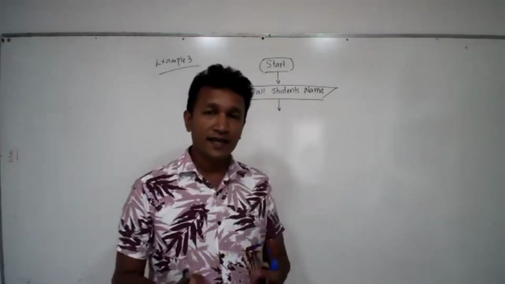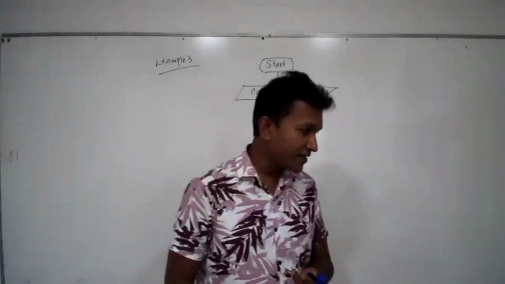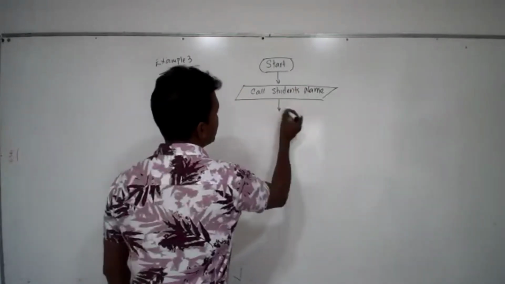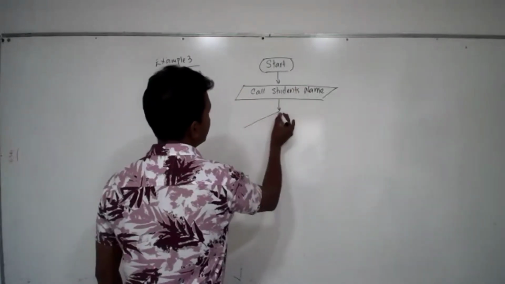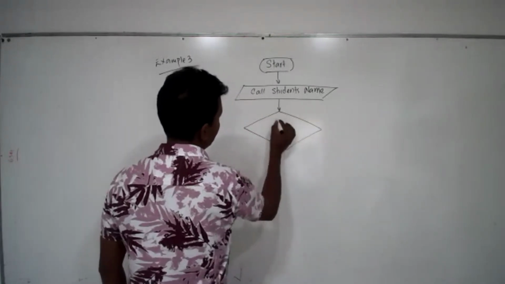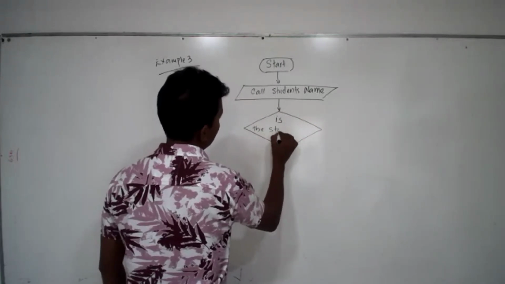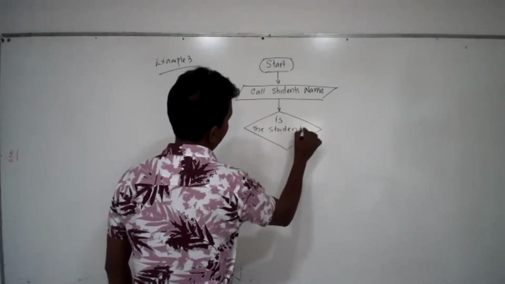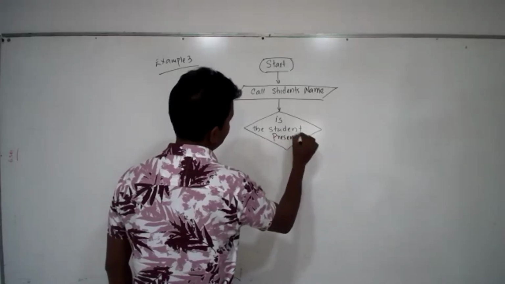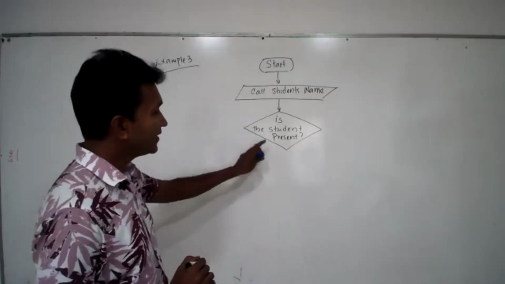So now we have to check whether the student is available or not. Is the student present? When we call the student name, we have to check, right? Is the student present? Is the student available, right?